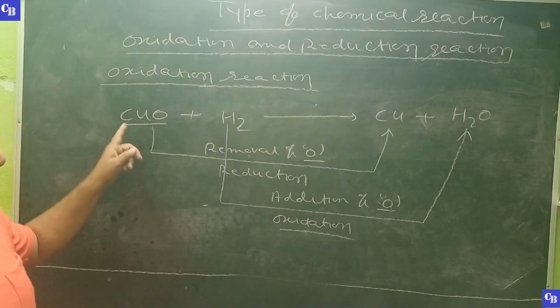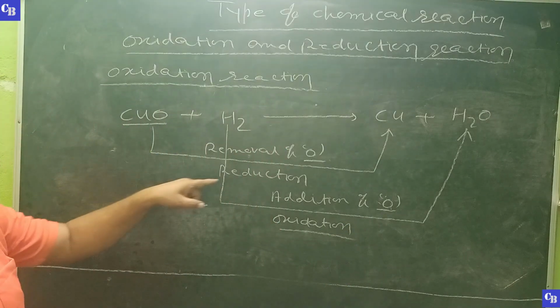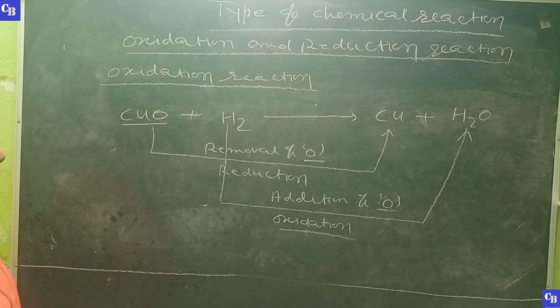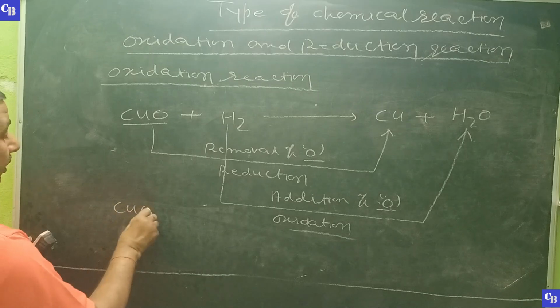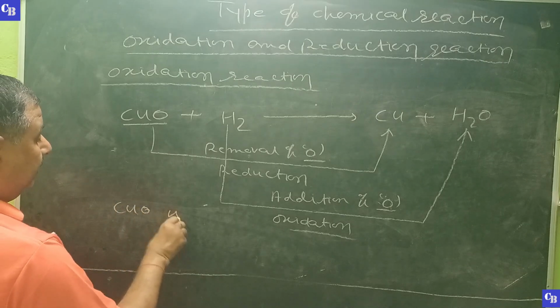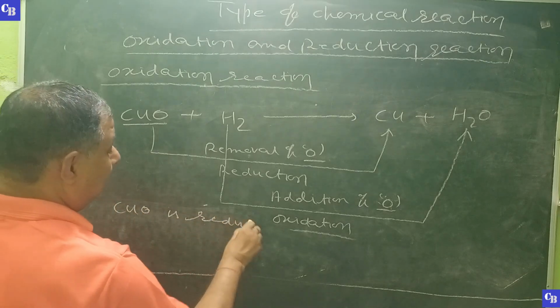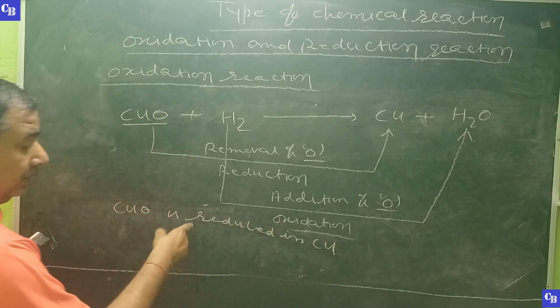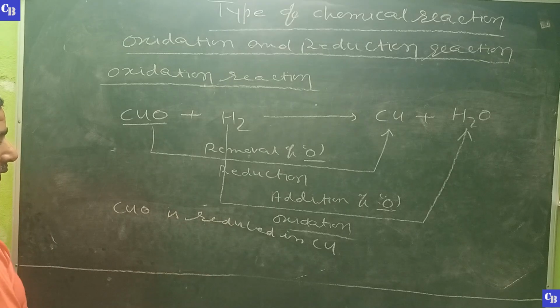So here copper oxide is reduced into copper, and the substance which is reduced is called the oxidizing agent.